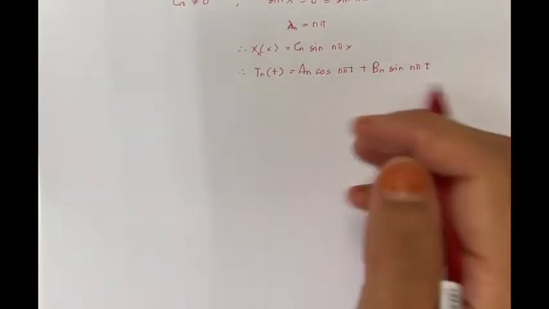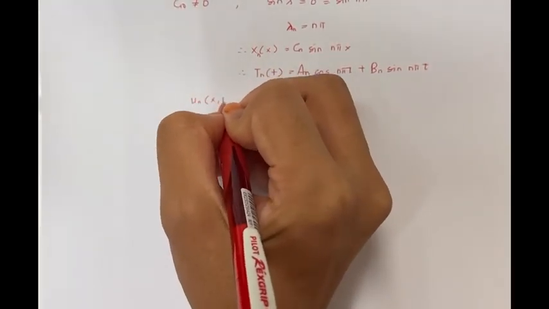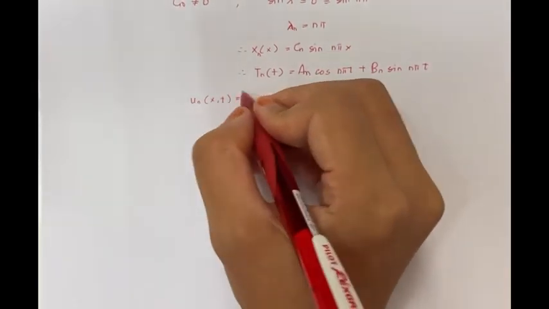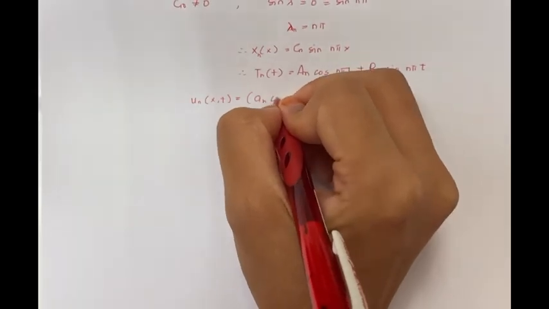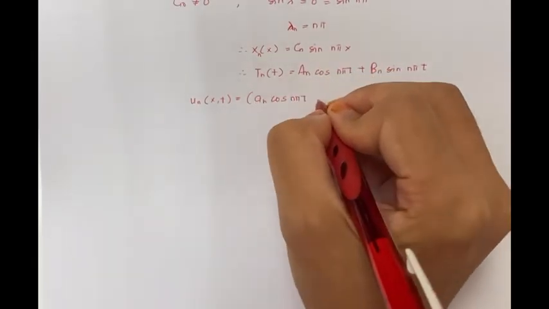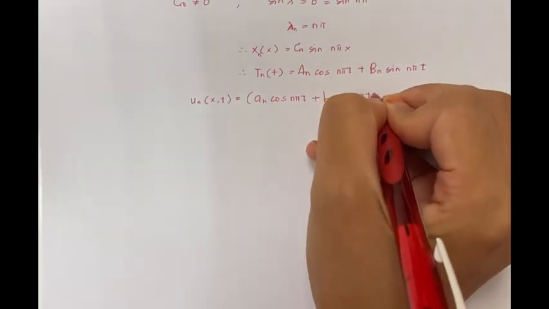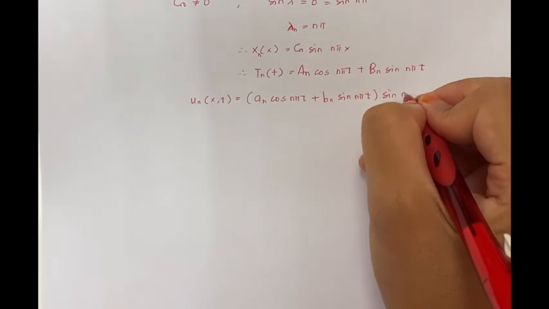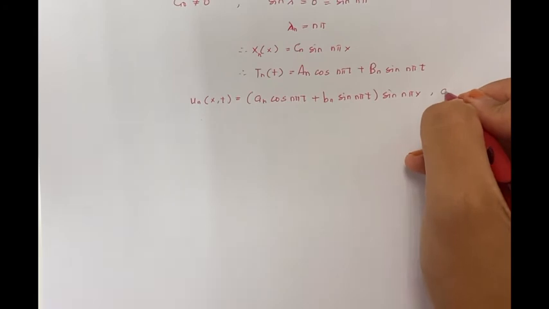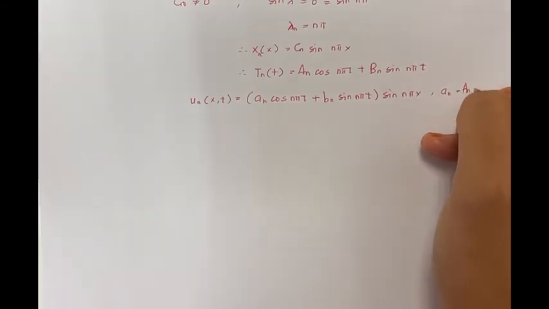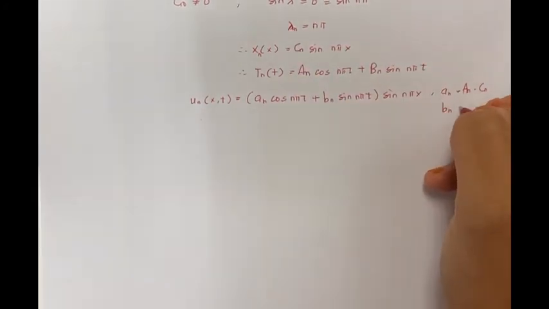As you have Xn and Tn, now you can have your un(x,t). Simplifying the u(x,t), you have An cos n pi t plus Bn sine n pi t times sine n pi x. Here An is capital An times Cn, and Bn is Bn times Cn.